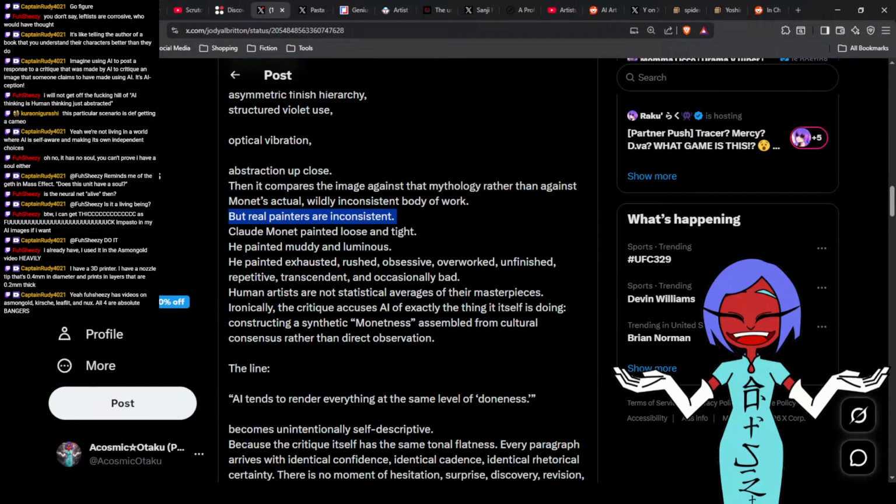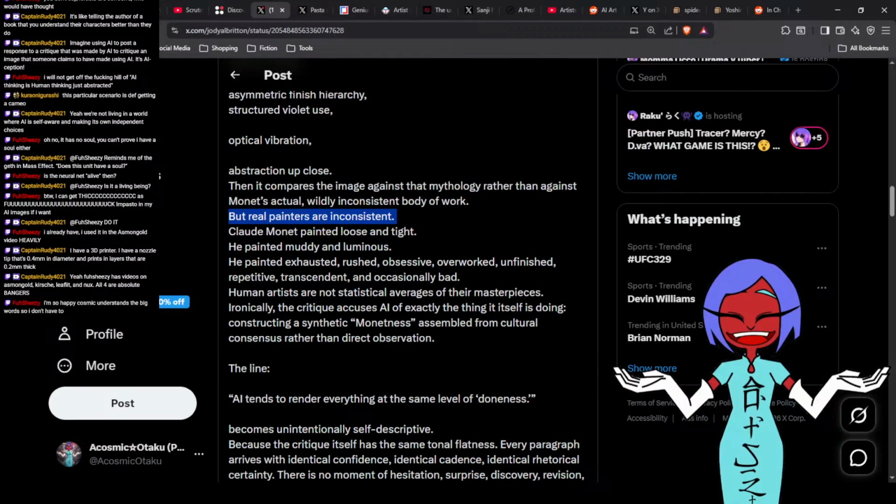So yes, this goes for not just AI producers, although AI producers have to throw away a lot of what they gen too, because it doesn't match what they're actually trying to do. Yeah, it turns out artists make mistakes. And I actually have some catalogs about that later in this thing, because it turns out if you're too perfect, you get accused of being an AI. If you're not perfect enough, you get accused of being an AI. You can't win with these people because they figured out that it can be a weapon to be used.